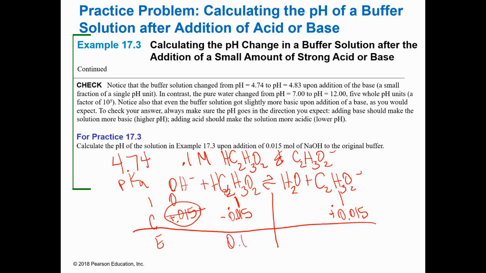This goes down to 0.085, and here we're at 0.115. Okay, so the whole goal of this piece is to get used up by your acid. Once you have that, we can plug these values into our Henderson-Hasselbalch equation. So I've got 4.74 plus the log of our base over our acid, so 0.115 versus 0.085.